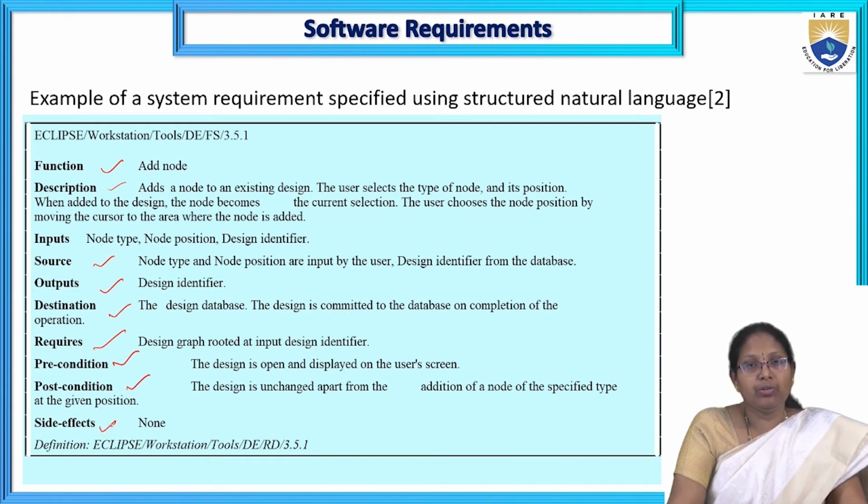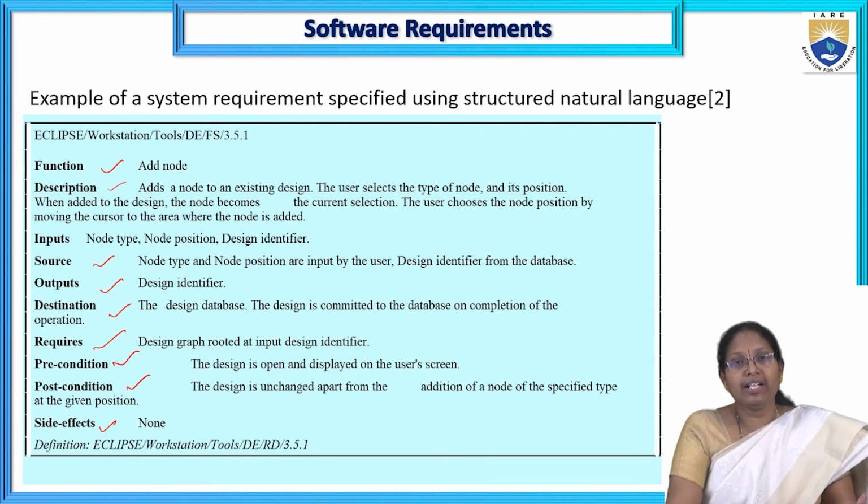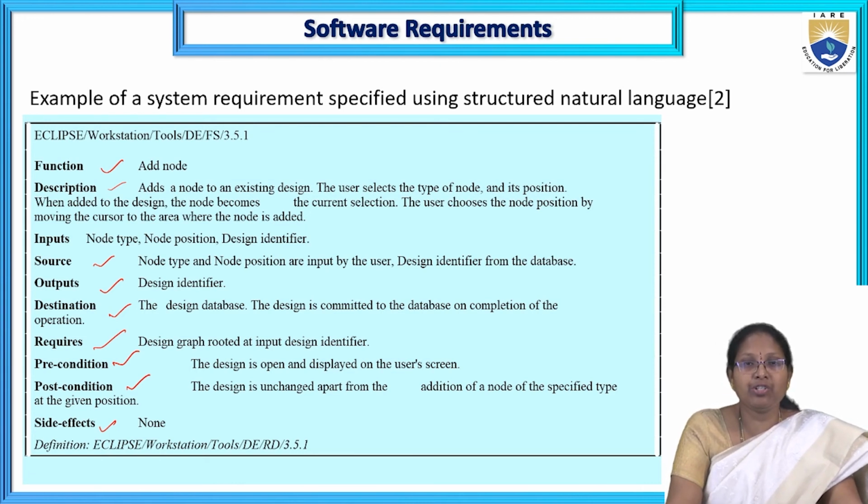So these are the subheadings used to put the requirements in the software requirement specification, the SRS document. It is in natural language, a common global communication language, that is English.